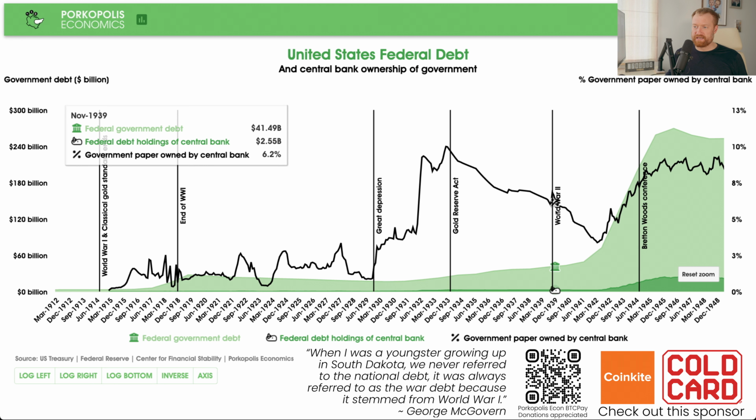The United States debt grew steadily here. It was, again, that $30 billion figure paid down from the end of World War I. The Great Depression, it was actually pretty low, about half that, $16 billion. And it starts to go back up.